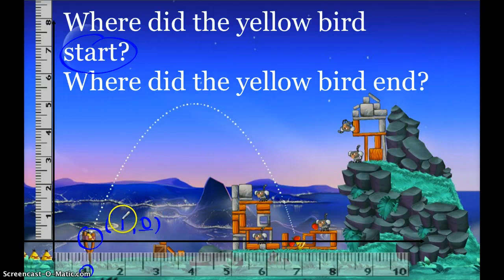It looks like that's going to be 1 comma 0. The end value seems like the bird is right down there. Again, it's going to be something comma 0, and it looks like the x value there is going to be 7.